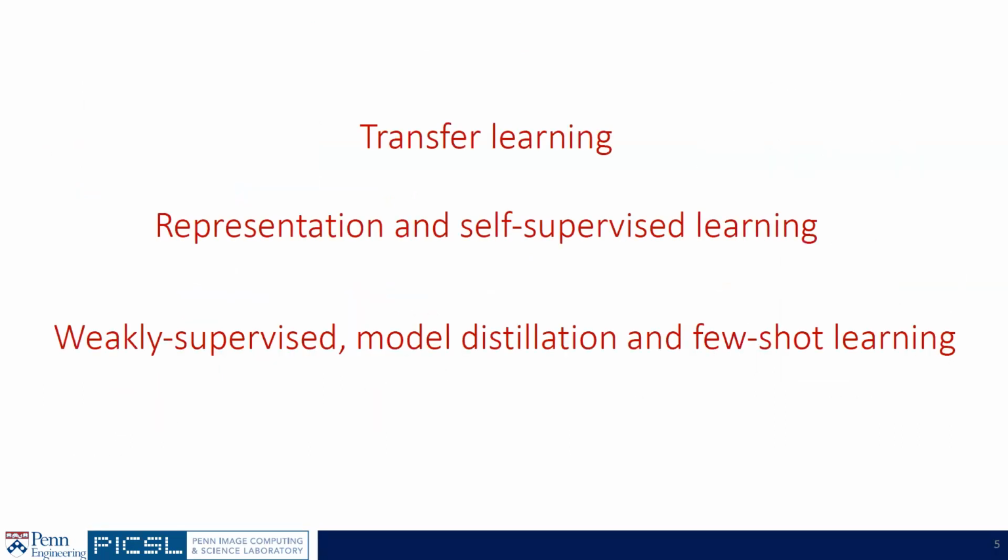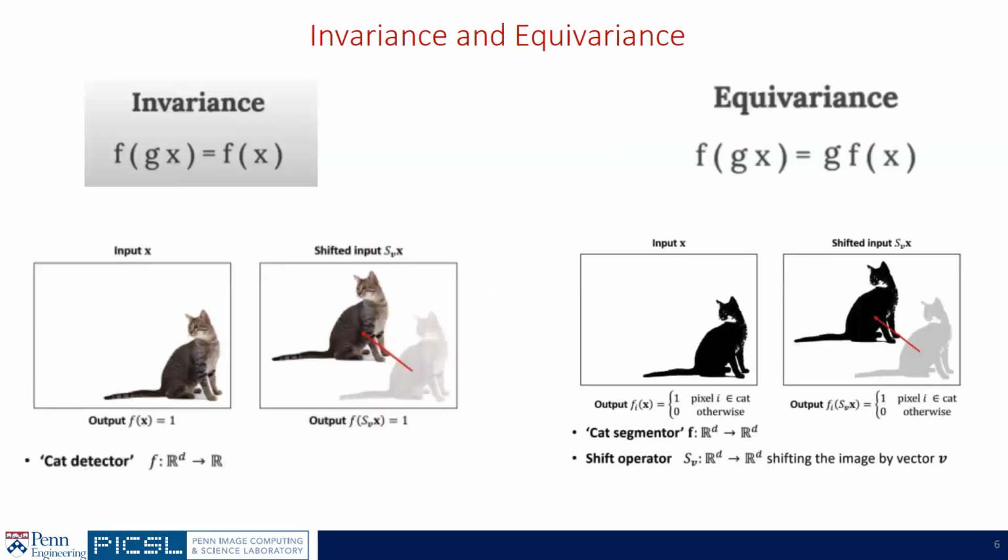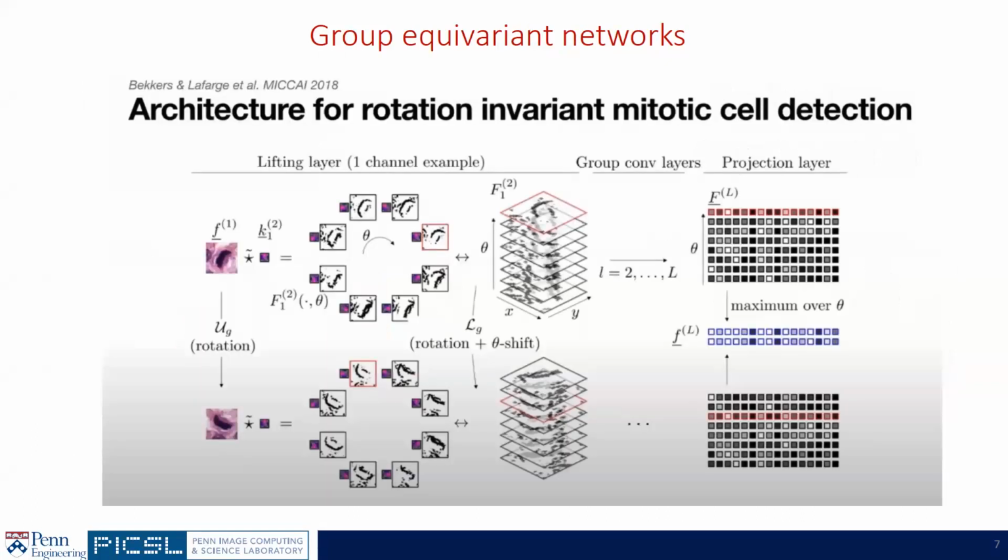Okay, so we'll talk about transfer learning first. Just recall that we talked about these two things, invariance and equivariance, and why we need these two properties so that our model is able to better generalize to unseen settings, right? Data augmentation was one way to do it, and I briefly mentioned that there is a whole field called group equivariant networks, which deals with these kinds of problems.